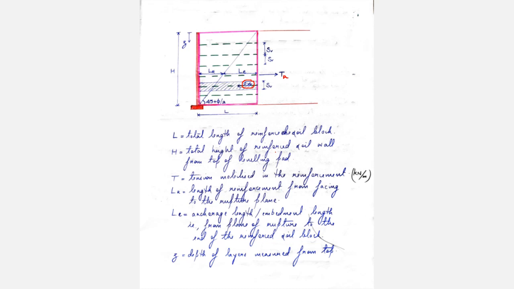To counteract that pressure, tensile forces will be mobilized within the reinforcement. That mobilized tensile force will be the tensile capacity of the reinforcement, TA, which acts in a direction opposite to sigma VB.